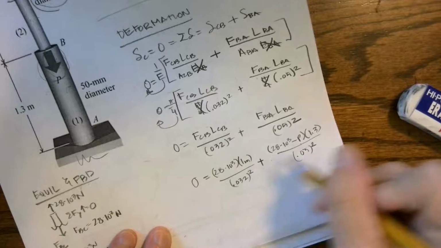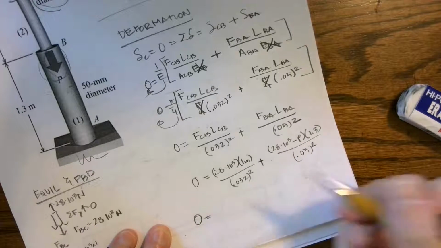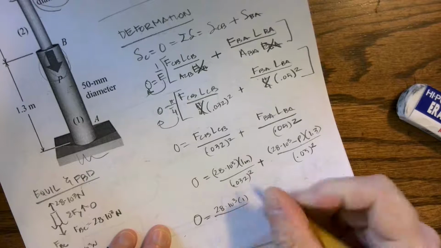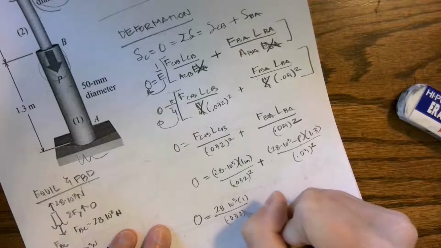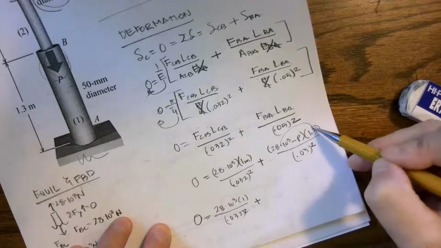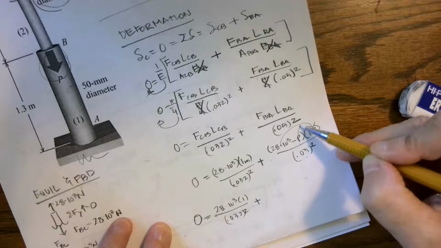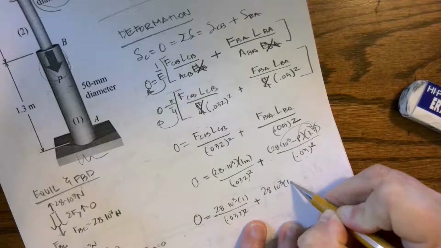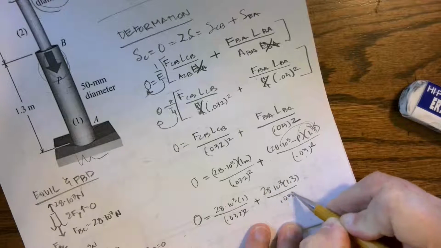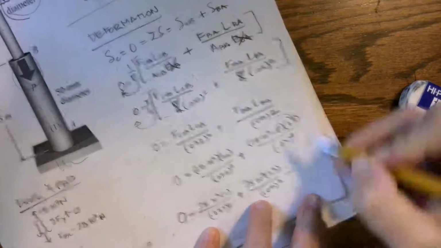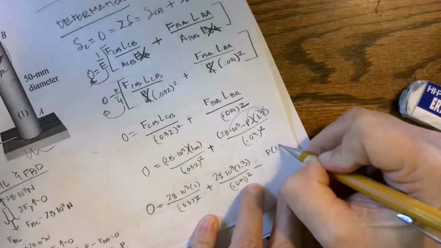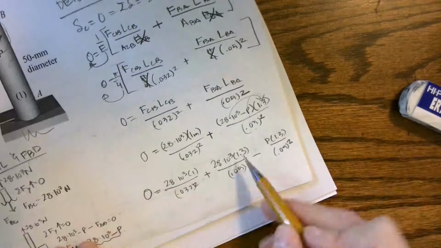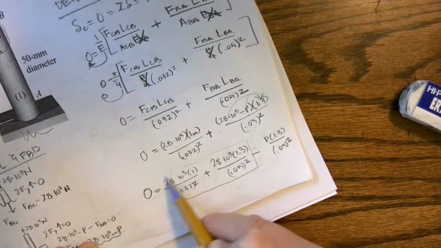And I can simplify, so we're going to say 0 equals 28 times 10 to the third times 1 over 0.032 squared plus, well, I'm going to take 28 times 1.3 and then minus P times 1.3. So I have 28 times 10 to the third times 1.3 over 0.05 squared minus P times 1.3 over 0.05 squared.